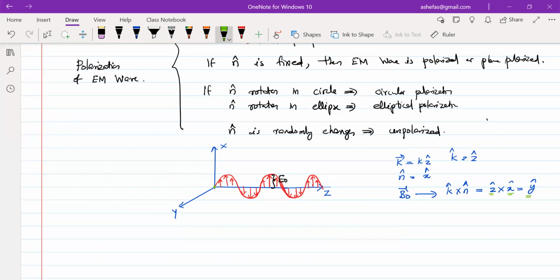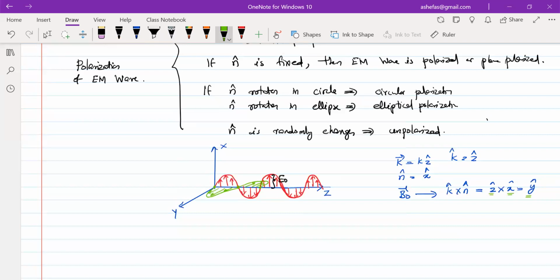So whenever the electric field is 0, the magnetic field should also be 0. When the electric field is in positive cycle, the magnetic field should be along y direction. And when the electric field is in negative cycle, directed along minus x direction, then the magnetic field should be along minus y direction.